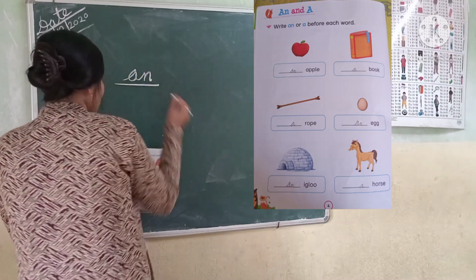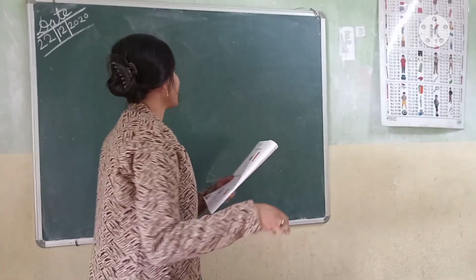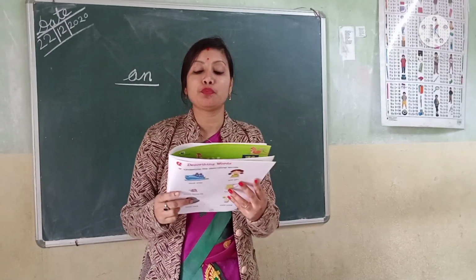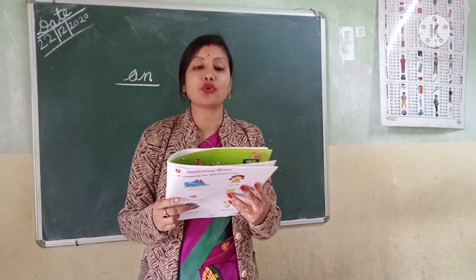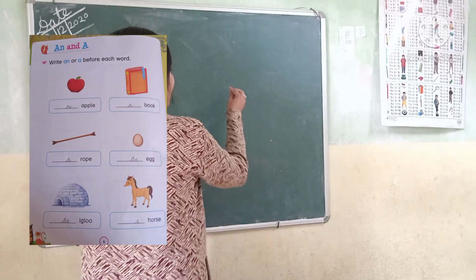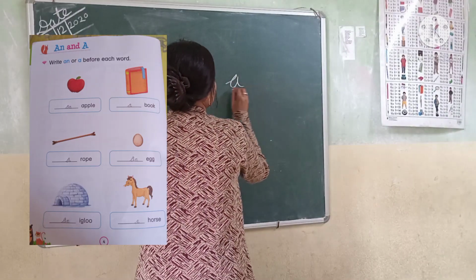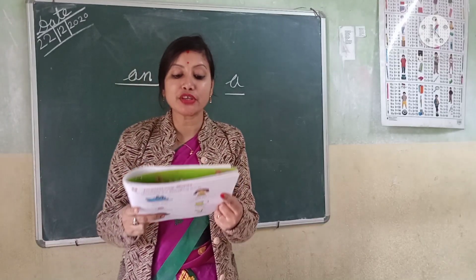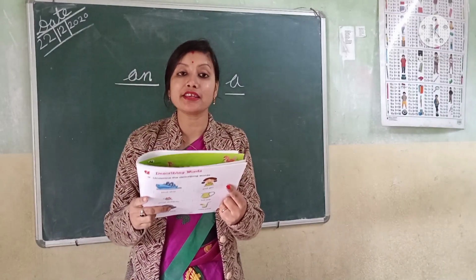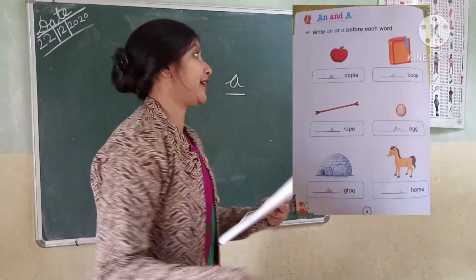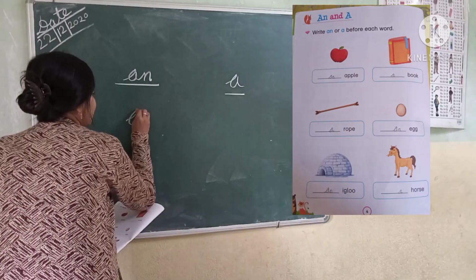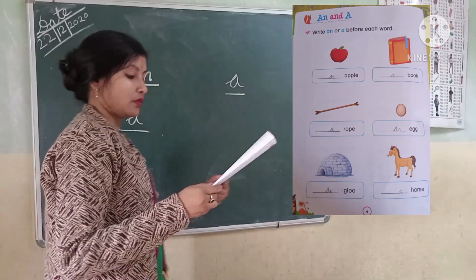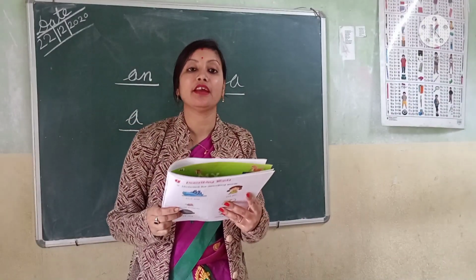A and N. Second one is book. B is consonant. So write A. A book. Third one is rope. R is consonant. So write A. Fourth one, egg.